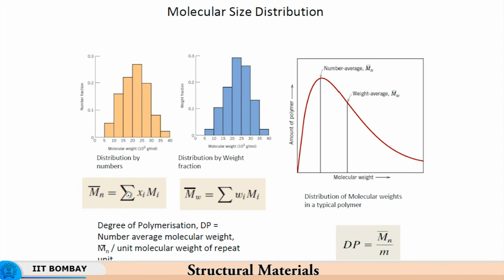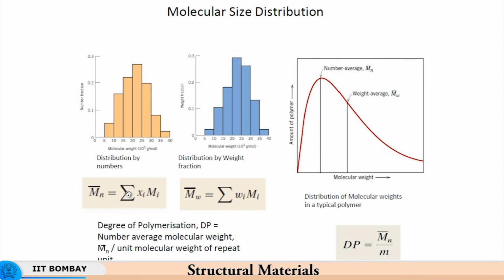So, we have seen that a repeating unit, when repeated n number of times, several times, gives rise to a macromolecule having greater molecular weight as compared to the monomer. So, the degree of polymerization would mean M bar n upon m, where M bar n is the number average molecular weight divided by the molecular weight of the repeat unit.